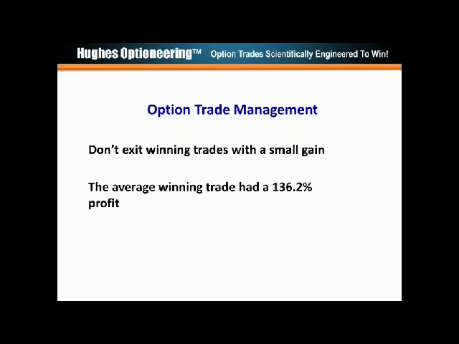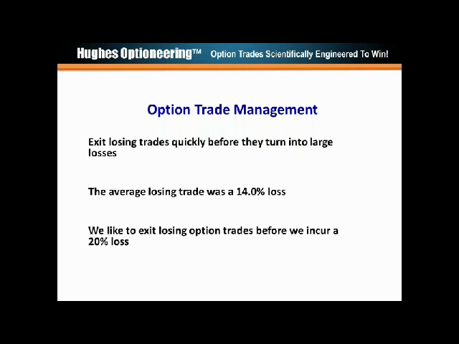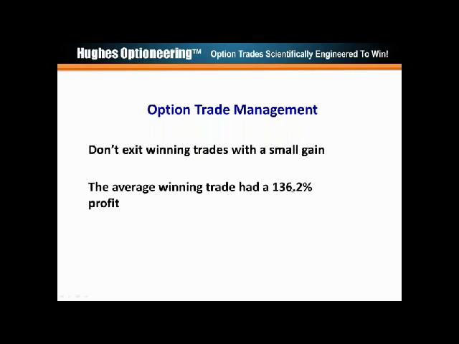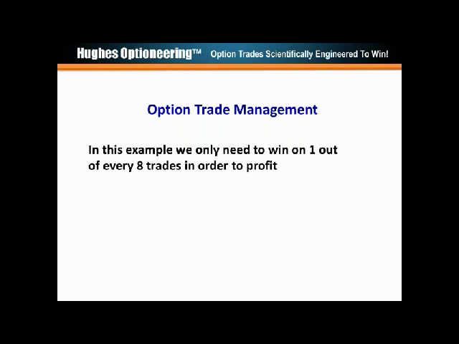So we had an average losing trade of 14%, and an average winning trade of 136%. That's why you don't want to exit your winning trade with a small gain, because the winning trades can mitigate your losing trades. For example, we only had to win on 1 out of every 8 trades in order for the portfolio to profit.